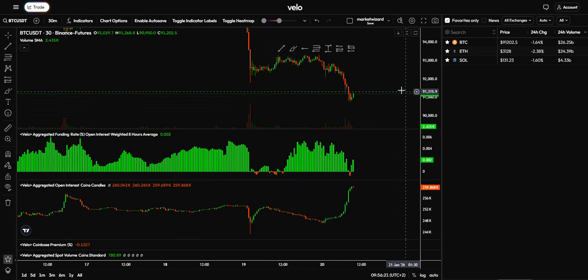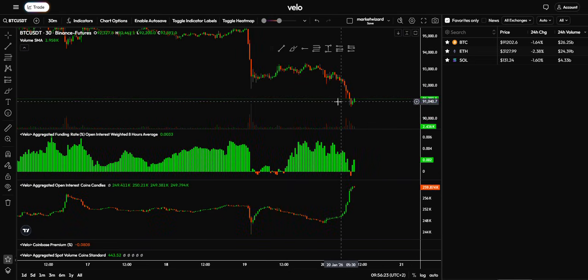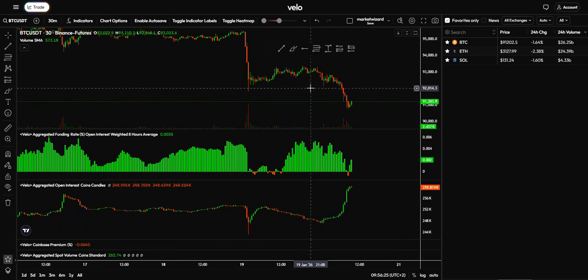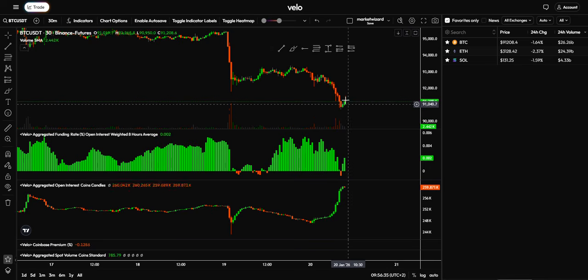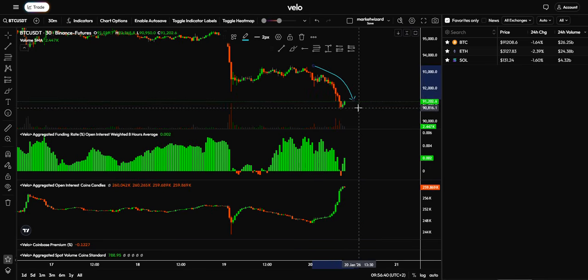But the way to identify if it's long or shorts is when price goes down, funding rate also goes down, and open interest goes up. That means that shorts were chasing this move down.